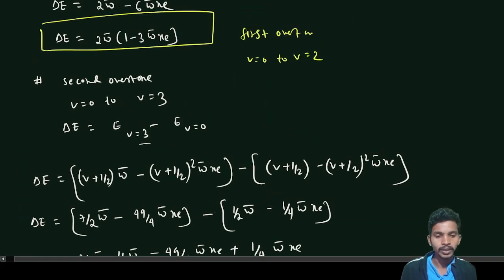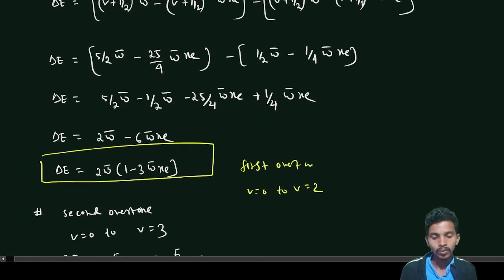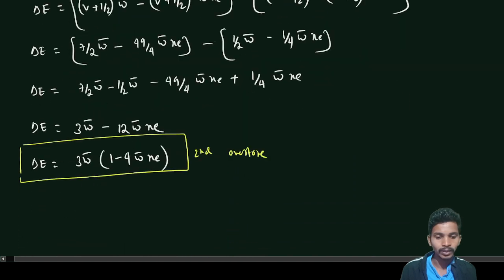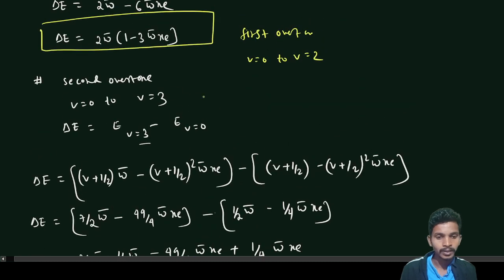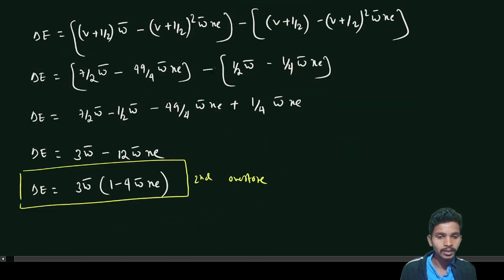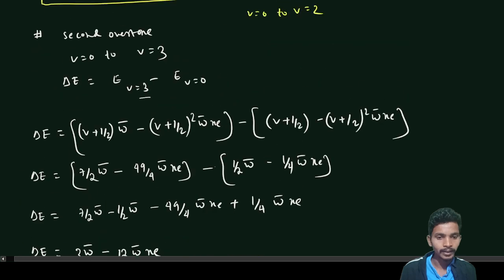So if we look at it, here we see 2ω1 minus 3ωe xe, and whenever I go to this, 3ω1 minus 4 xe, it means here we see that 2 becomes 3, and here 3 becomes 4.